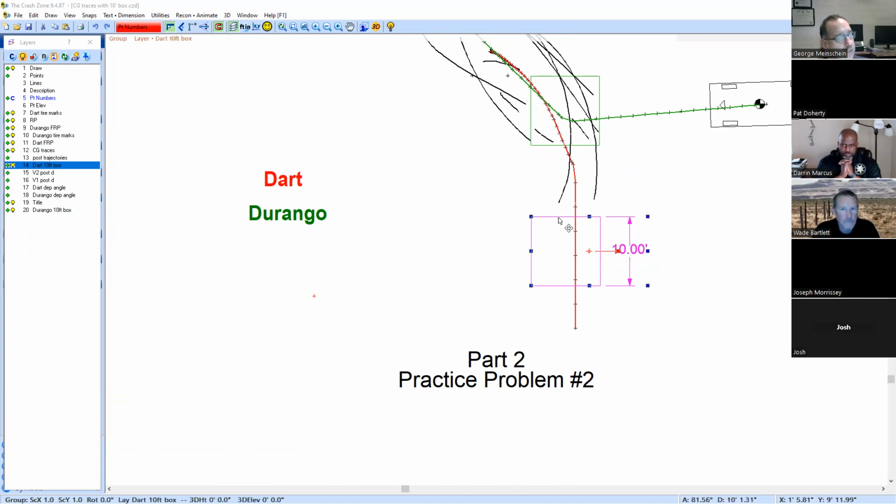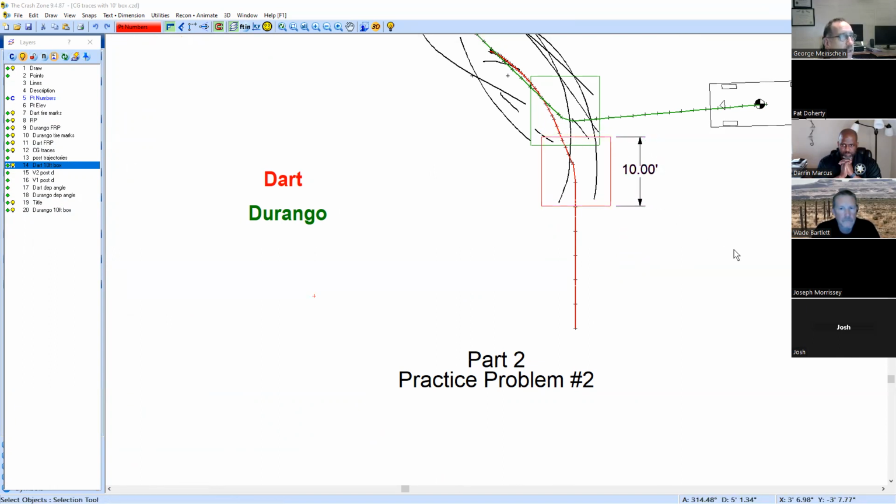So I took the 10-foot box and I kind of centered it up on the approach path, and then I literally slid it up until I got as much of the tire marks in there. So you've got on your scale diagram, that's a 1-inch square. So you just literally slide your 1-inch square around. I did it kind of centering it up on the approach path.